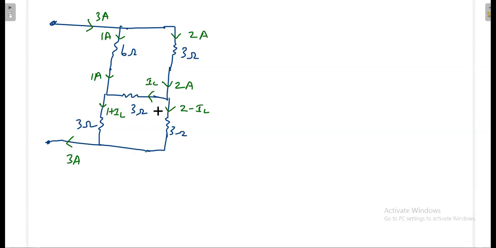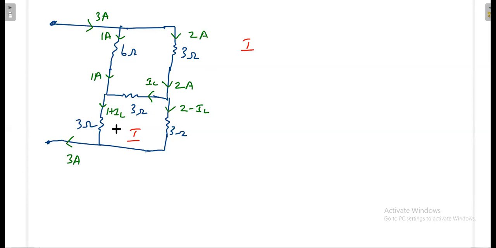Now only one variable is unknown, IL. So you apply KVL here or here. You can also apply here, no problem. Now I will apply the KVL in this loop.